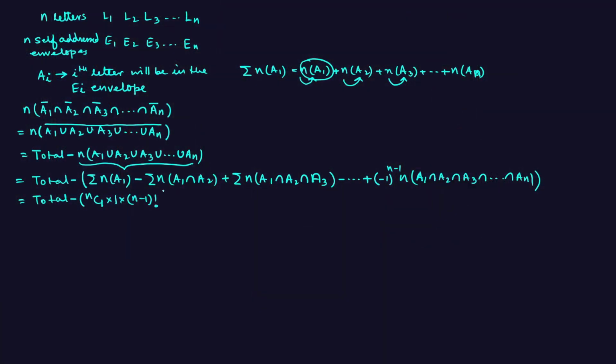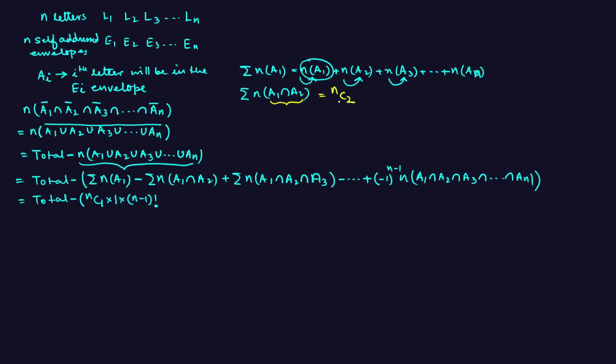Okay. Now, for the second one, what is A1 intersection A2? What is sigma A1 intersection A2? Look carefully. We are actually taking two letters out of these n letters. All possible combinations of choosing two letters from these n letters is nothing but NC2.